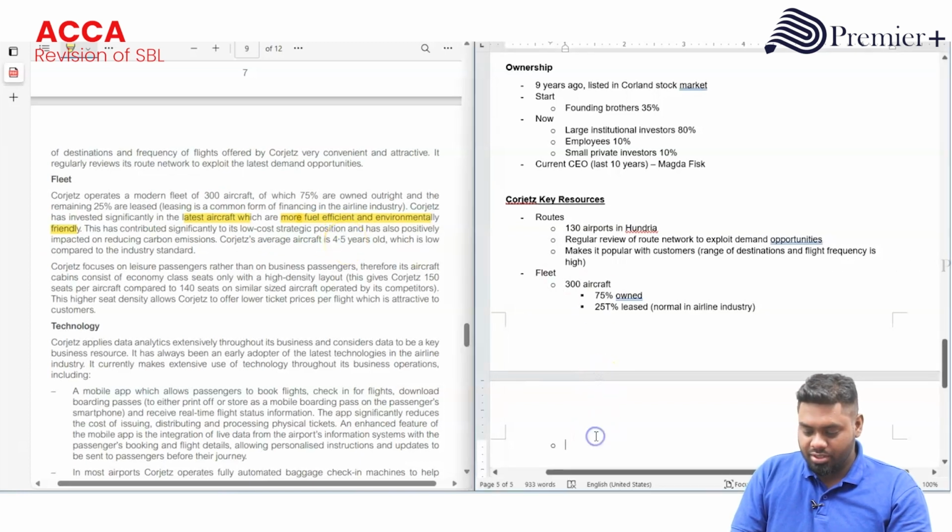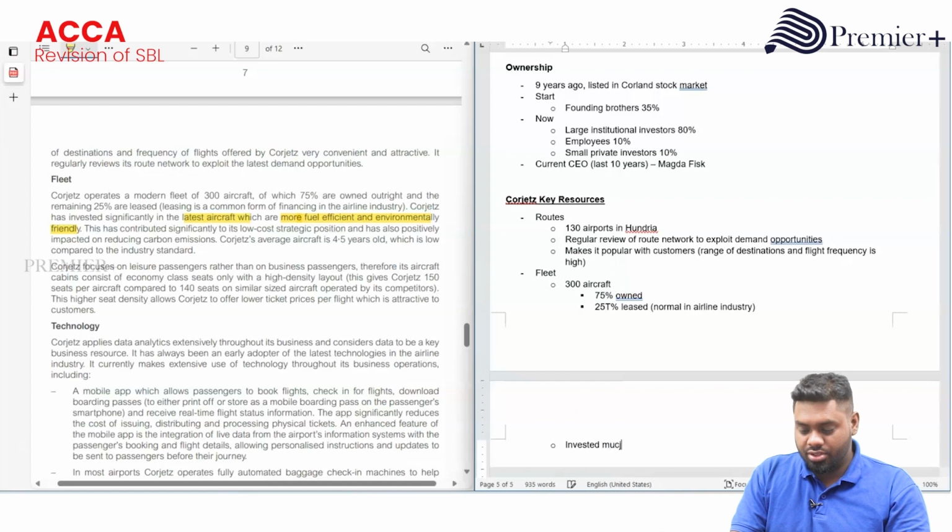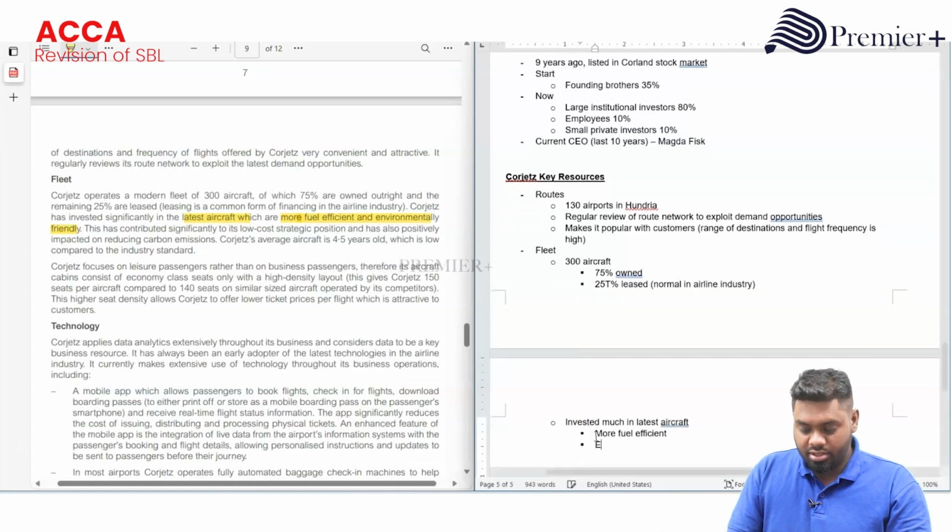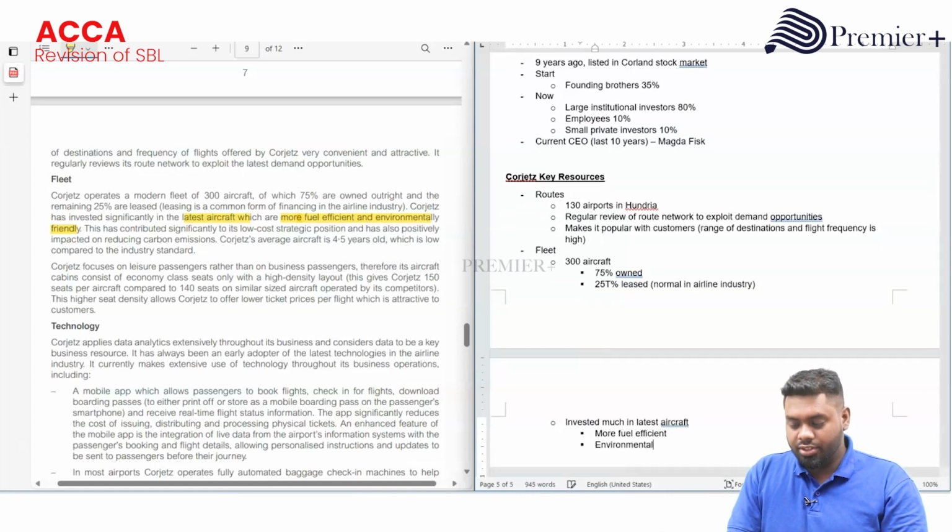Okay, invested much in the latest aircraft, more fuel efficient and environmentally friendly. More fuel efficient reduces your running cost.